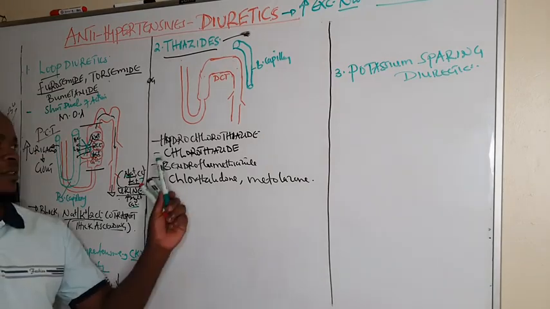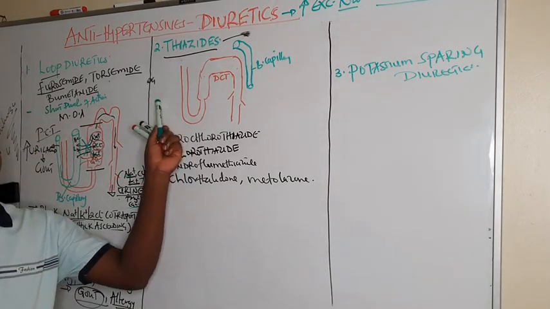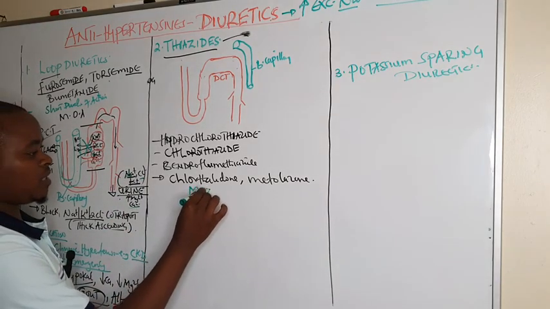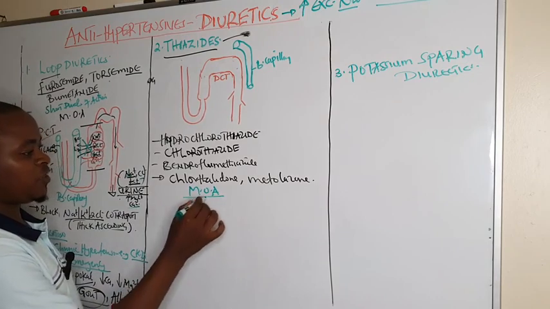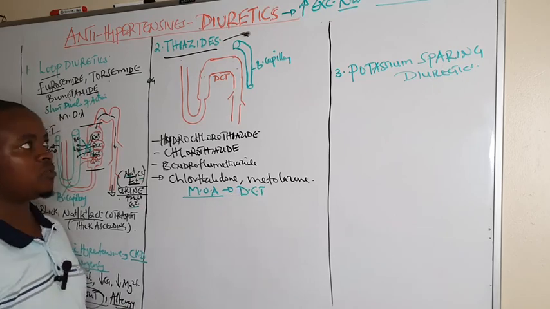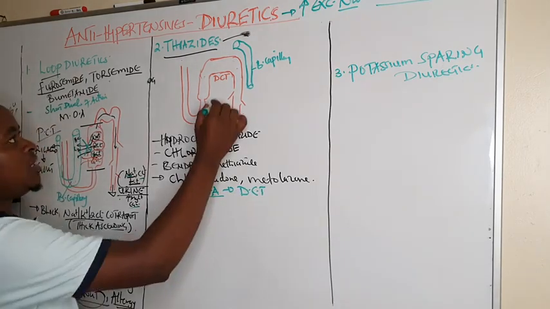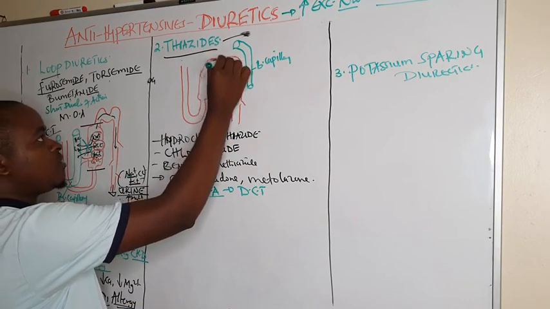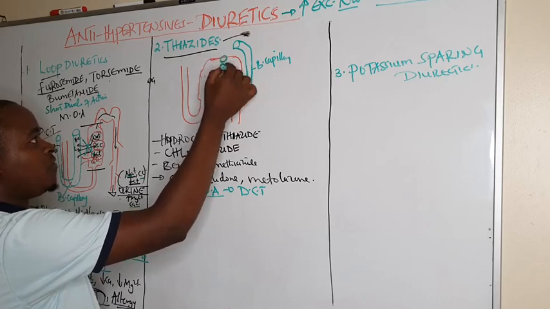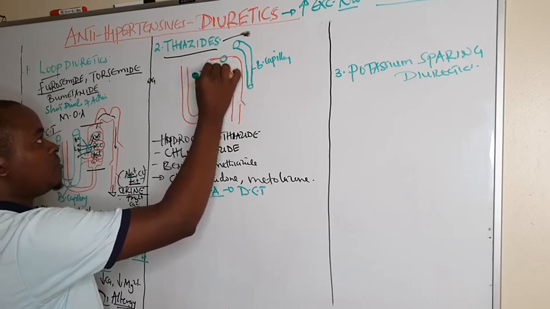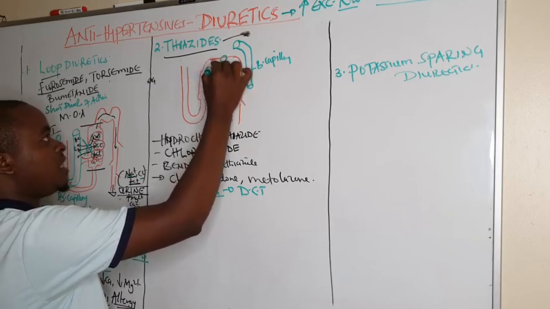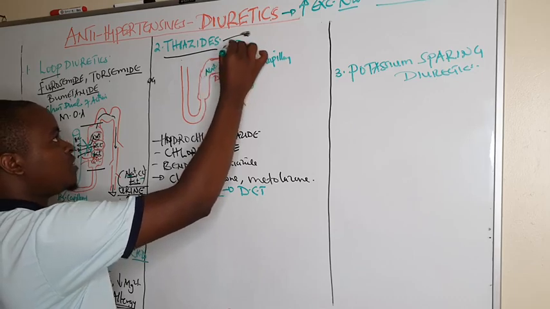For the mechanism of action of these thiazides, they target the DCT, the distal convoluted tubule of the kidney. Within the DCT, there are some transporters. Whenever we have sodium and chloride in the glomerular filtrate, these transporters enable their reabsorption back into blood.